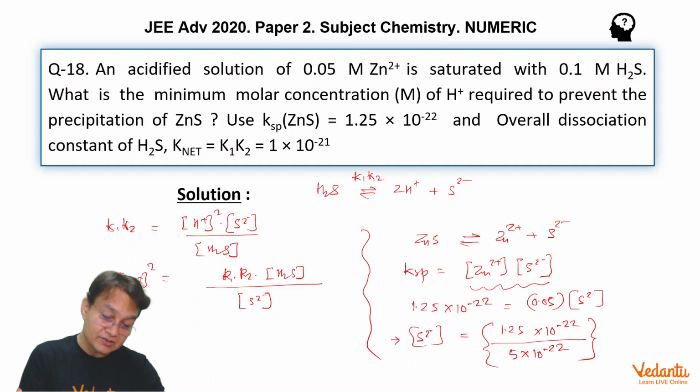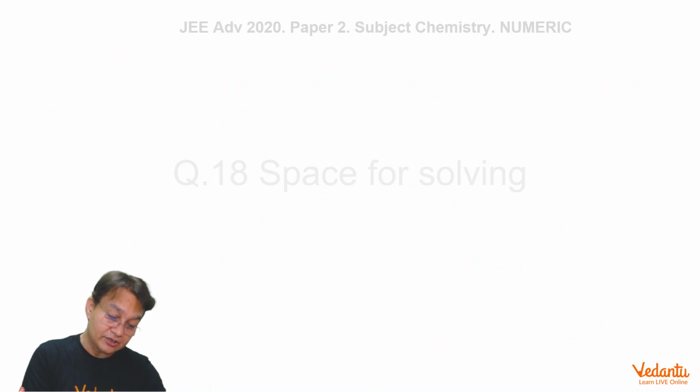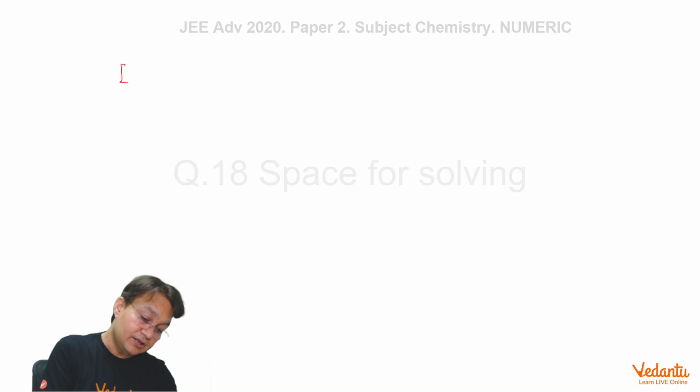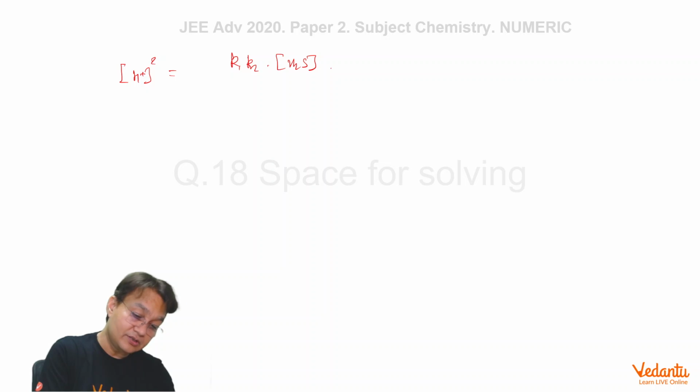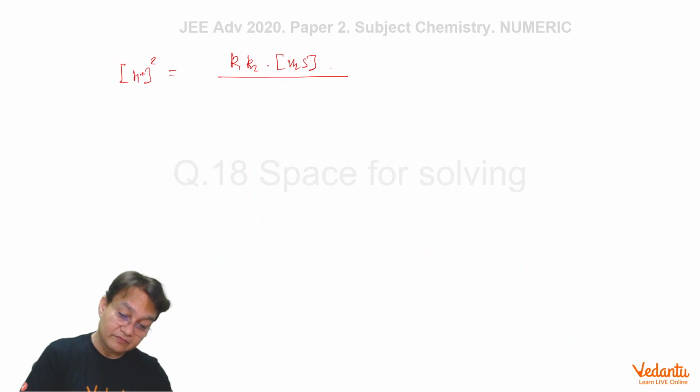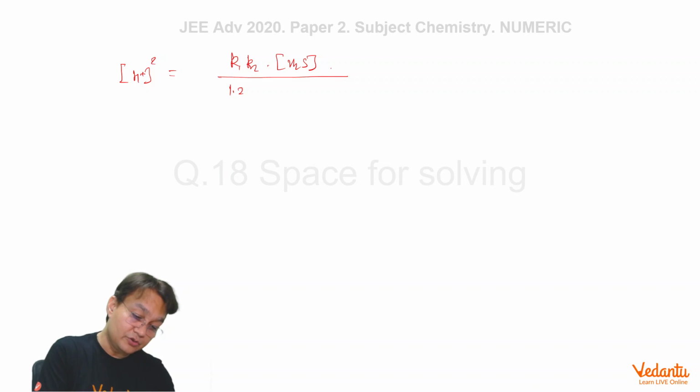So we'll put the concentration of S2- in this expression. Already we know H+ whole squared is equal to K1 into K2 into the concentration of H2S in the saturated solution divided by S2-. Instead of S2-, we're going to write 1.25 into 10 to the power minus 22 divided by 5 into 10 to the power minus 2.